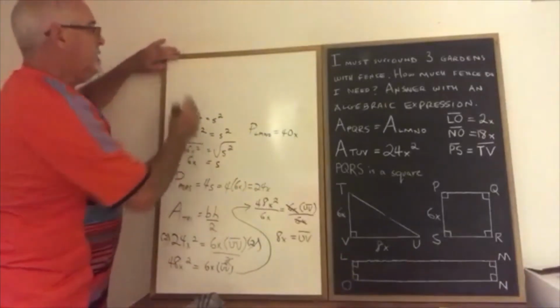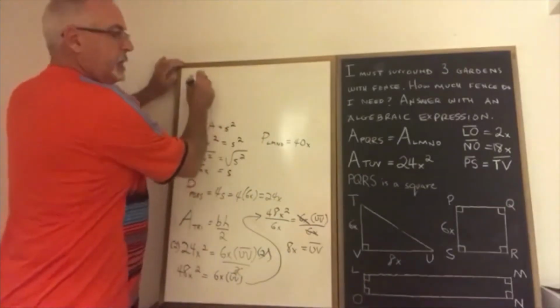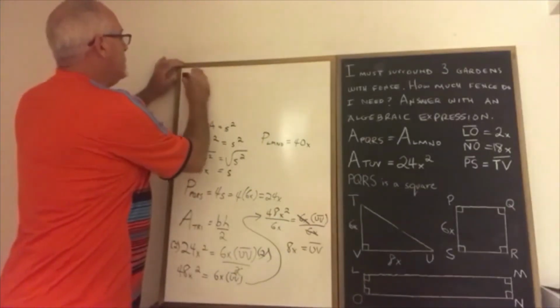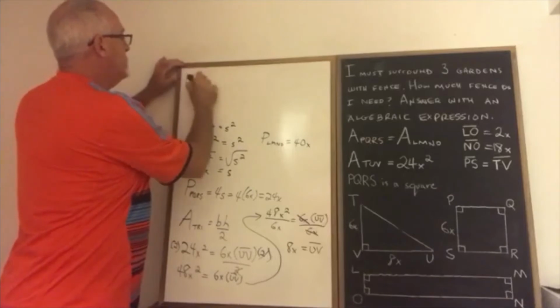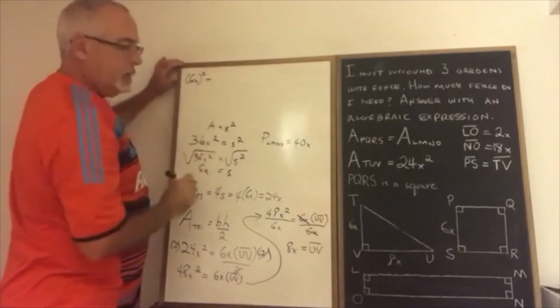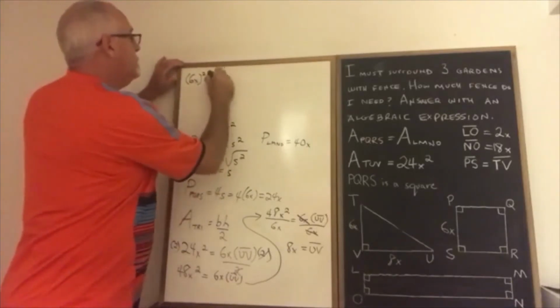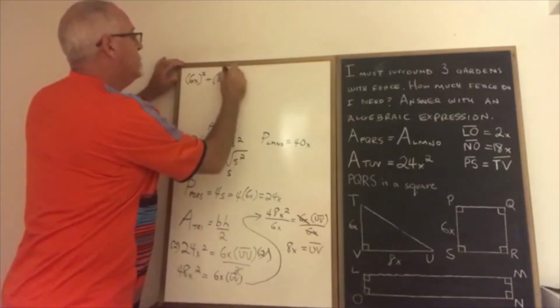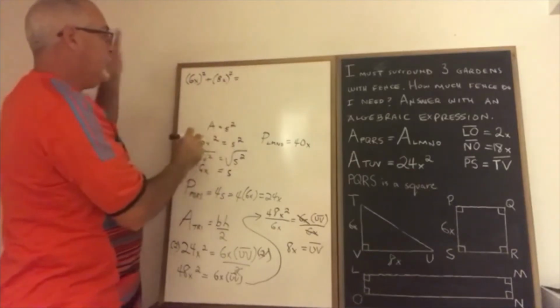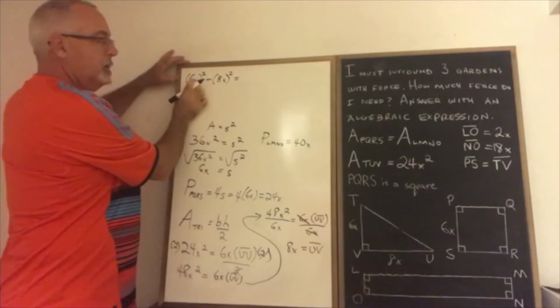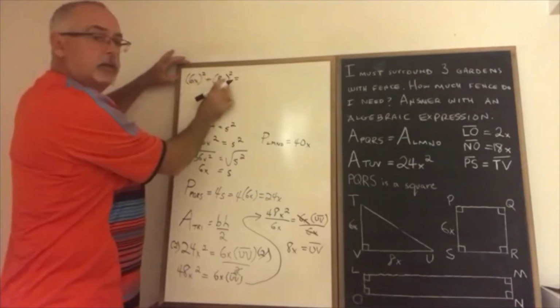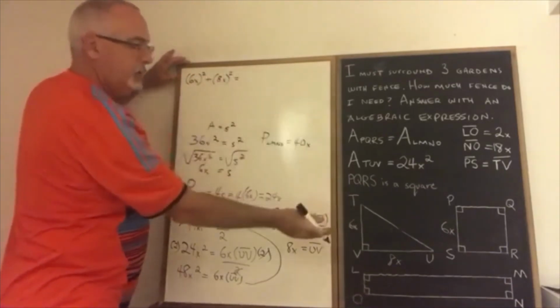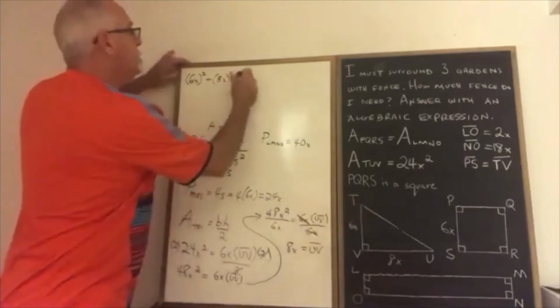Doing Pythagoras' theorem. Side TV is 6x, and that has to be squared. Side UV is 8x, and that also has to be squared. So Pythagoras has the shortest side squared plus the medium length side squared is equal to the hypotenuse squared. And the hypotenuse is side TU.